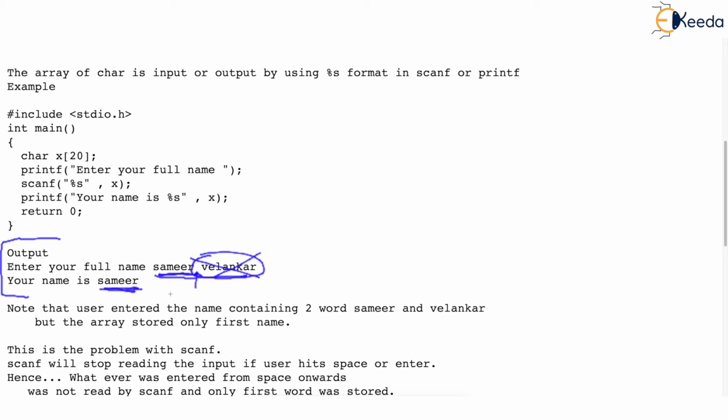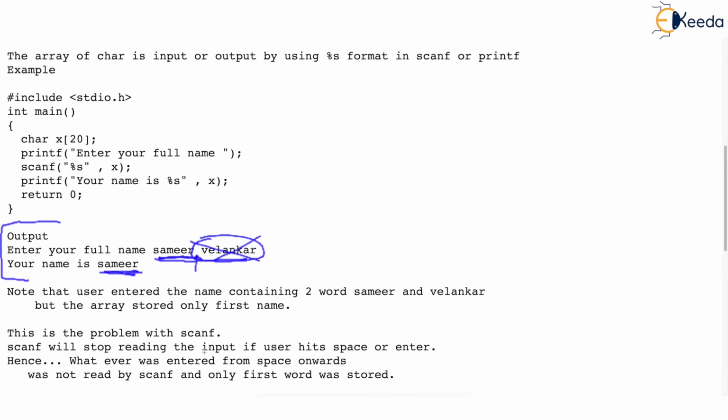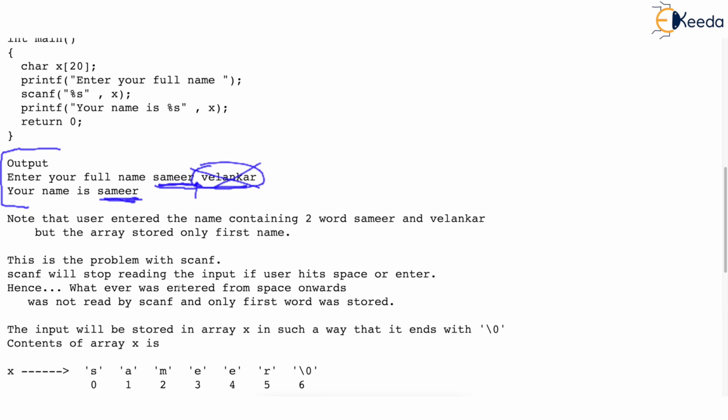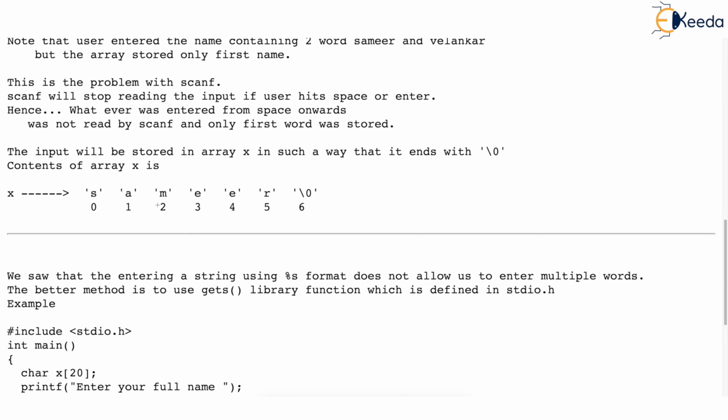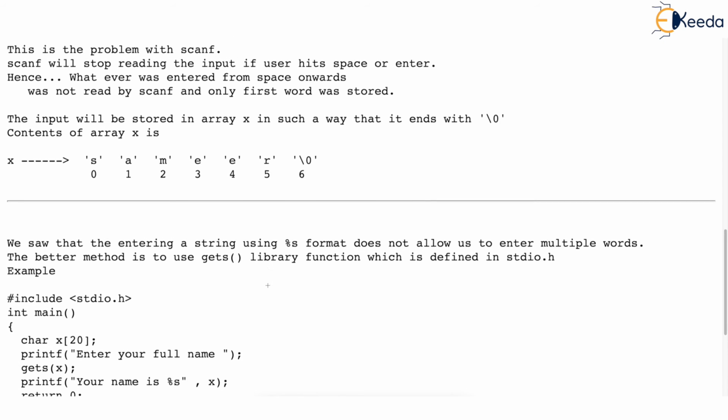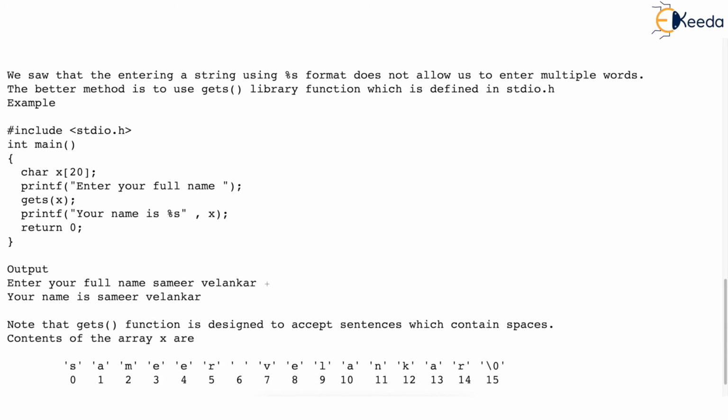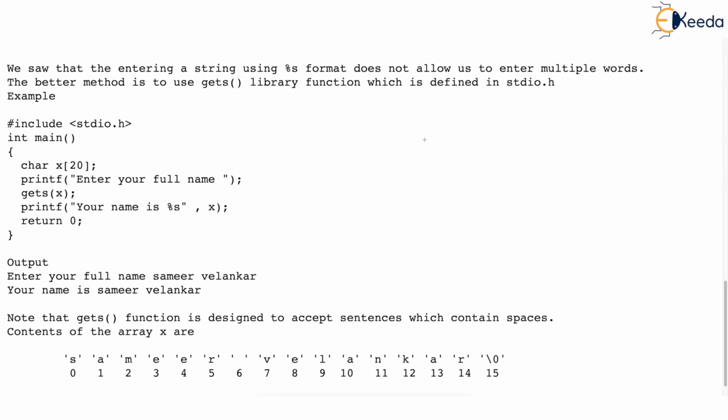So what's the correct way of entering names? You can just pause the video and check the material written, the description about how scanf works. Okay, and this is how the name of the person is stored, ending with \0 in the X array, location by location. What's the better method to enter a string in C language?